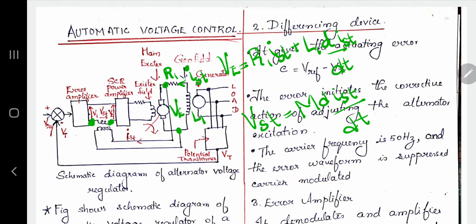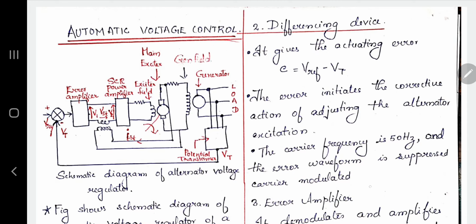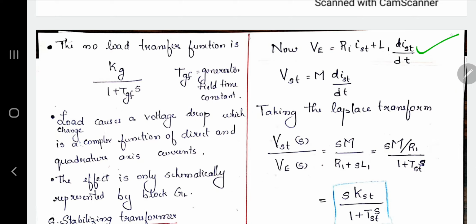Now taking the Laplace transform of this one, what will be the equation? VE of S is equal to R1 into IST of S plus S into L1 into IST of S. Similarly, taking the Laplace transform of VST of S will be equal to M into S into IST of S. So these are the two equations.